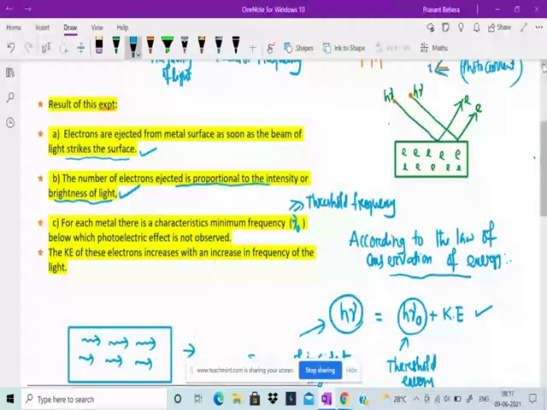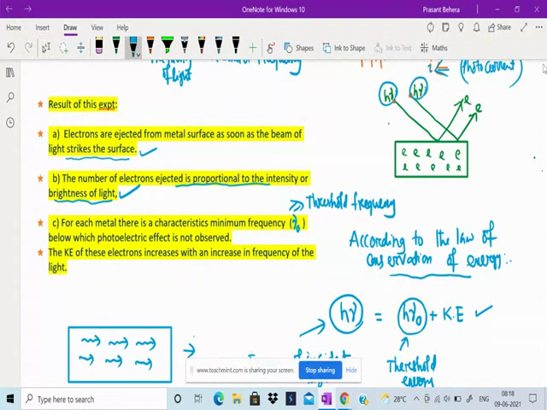That means if light radiation is h nu, with one photon after another, then when photons collide on the metal surface, their frequency should be higher than the threshold frequency of the metal surface. If one photon strikes the metal surface, one electron is ejected.